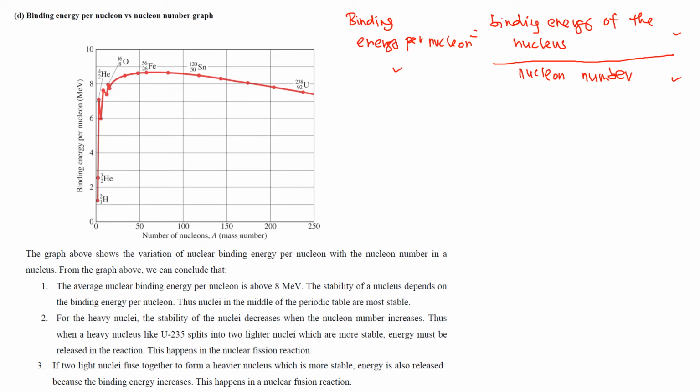Nucleons that are more strongly bound to one another have high binding energy per nucleon, so the nucleus is less likely to break up and hence it is more stable.